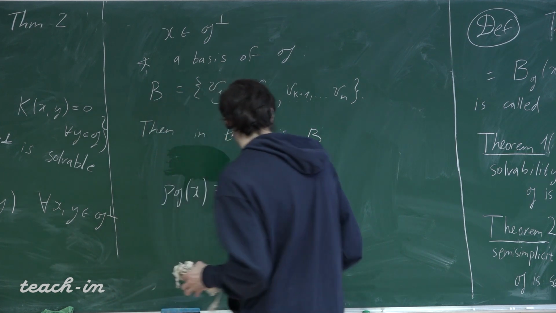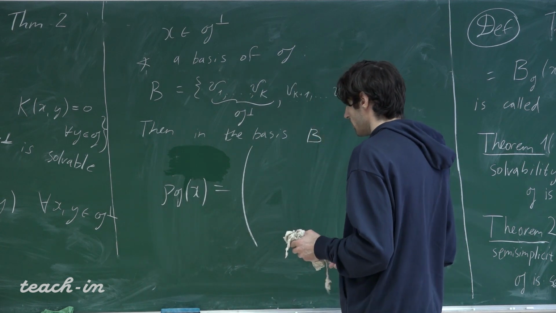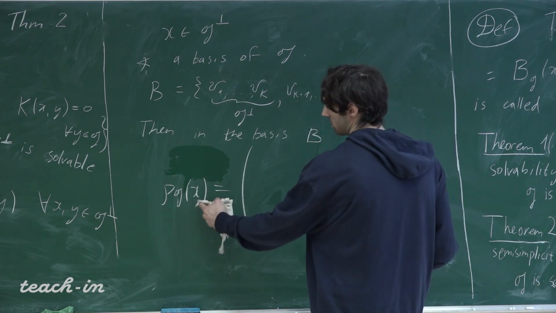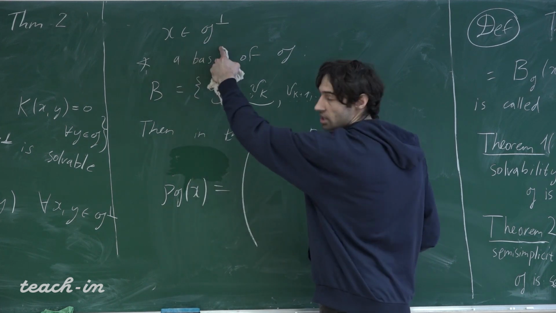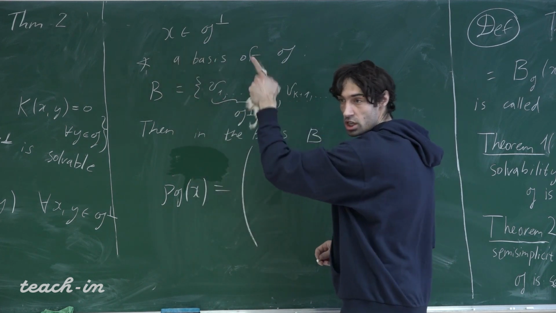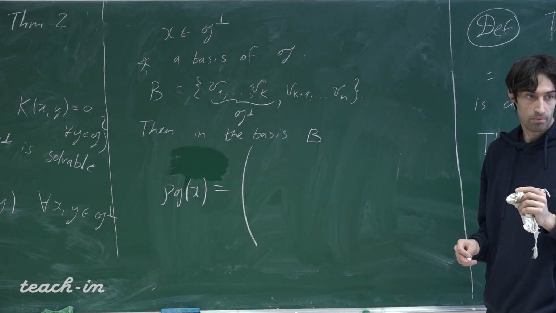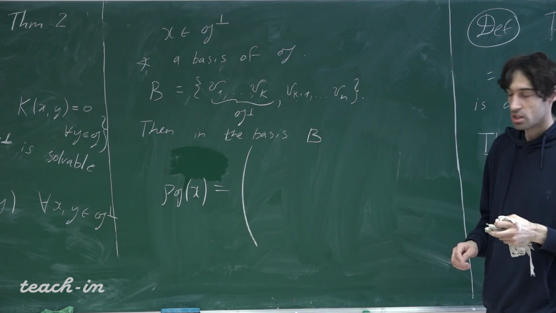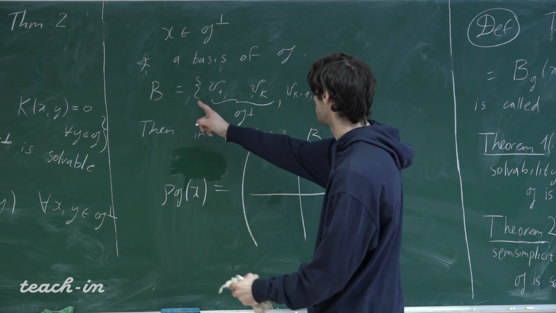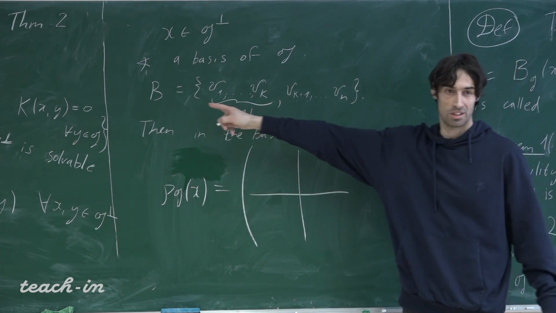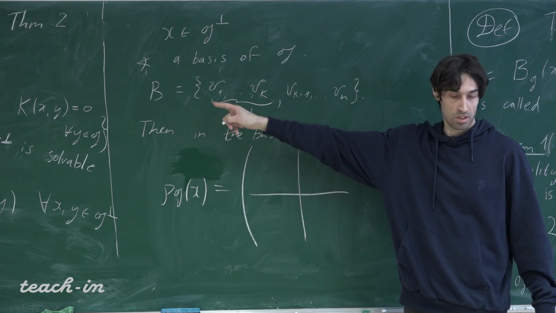It's the following matrix. So remember, what's important here is that x is inside G orthogonal, and G orthogonal is an ideal, right? So I have again these blocks corresponding to this partition of my basis.